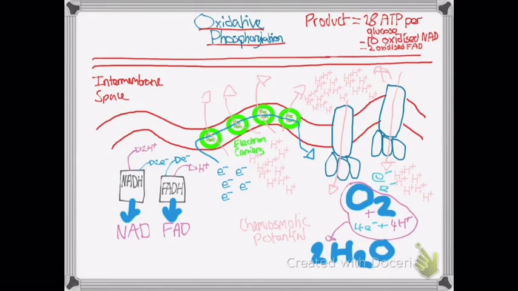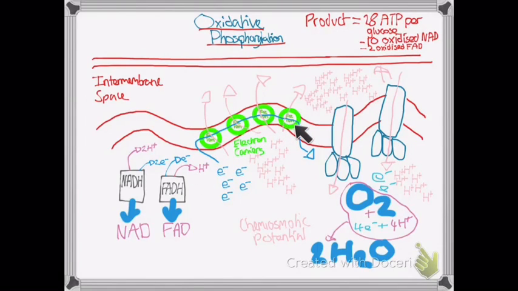Just some things to recap here. Over here, where we were travelling through these electron carriers, we call that the electron transport chain. So these iron heme groups within the electron carrier proteins form the electron transport chain.